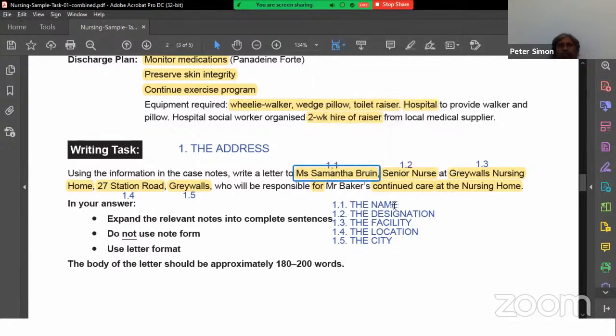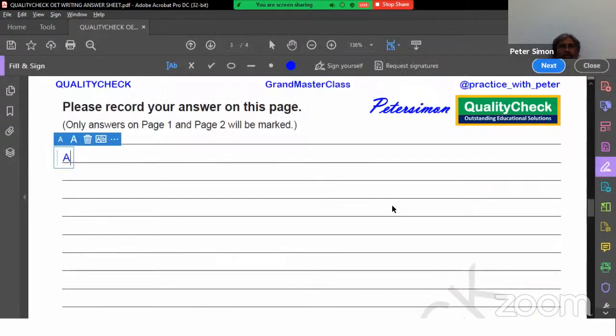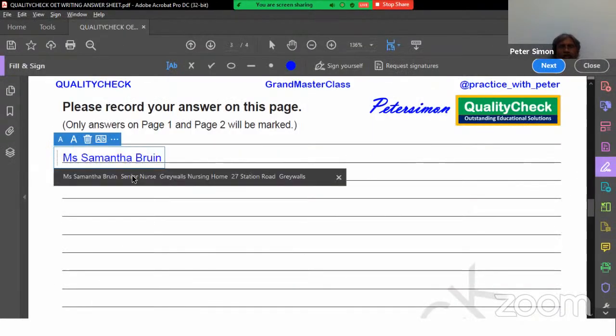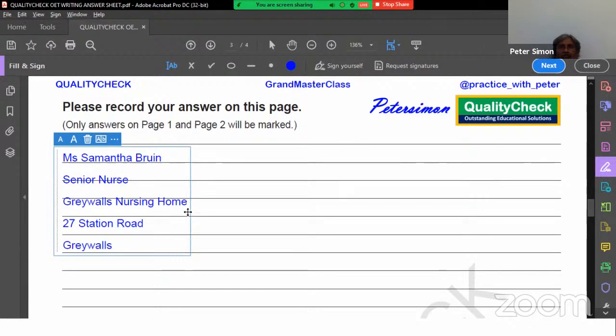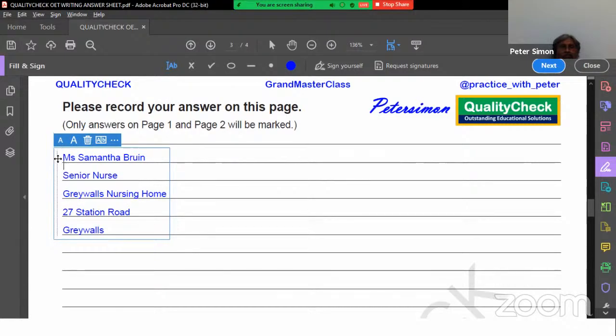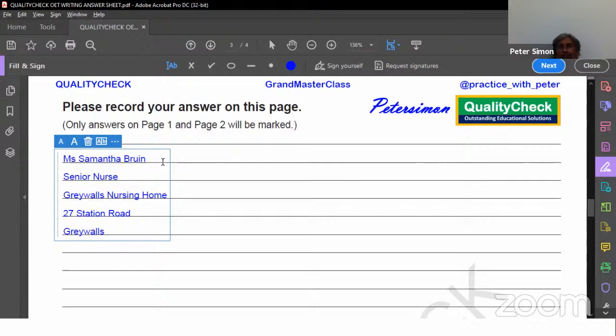So that will come here now. Miss Samantha Bruin, Senior Nurse, Greywall Nursing Home, 27 Station Road, Greywalls. This is how you are going to do it.